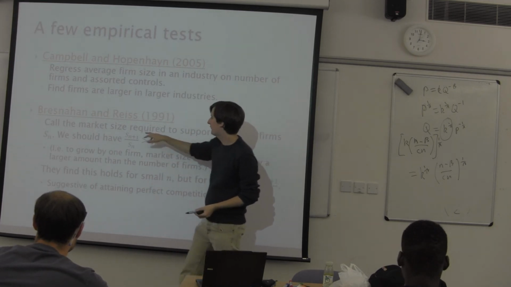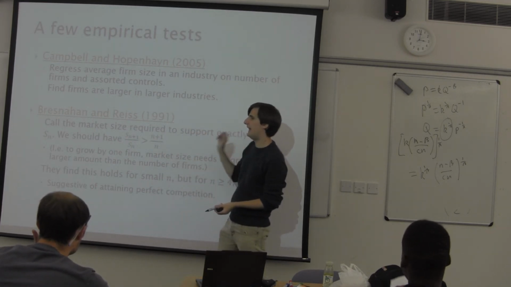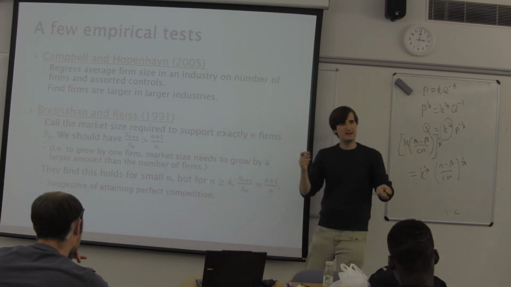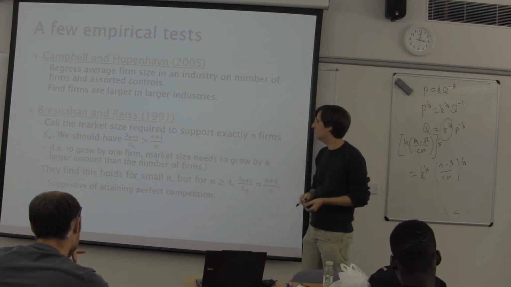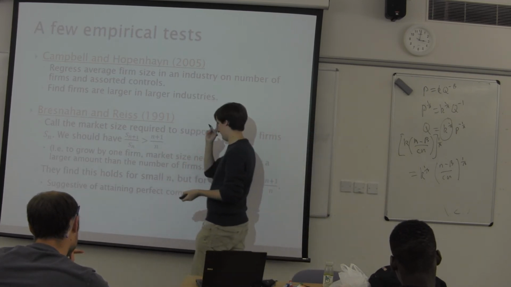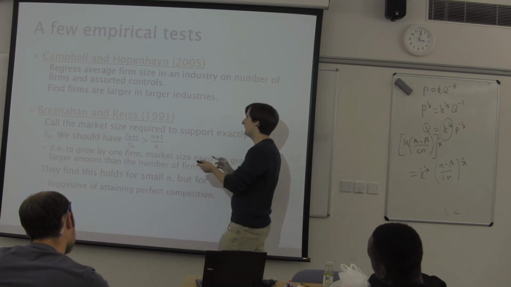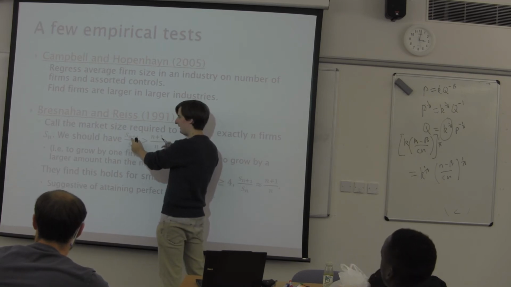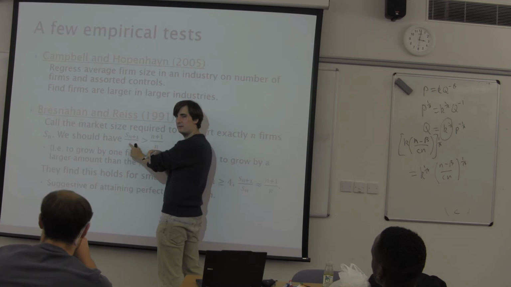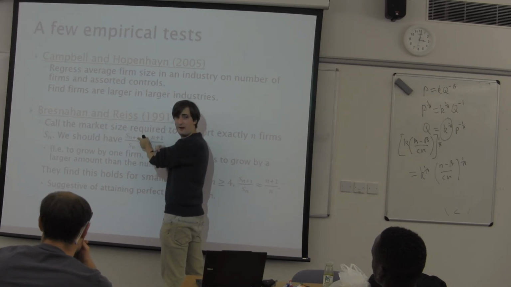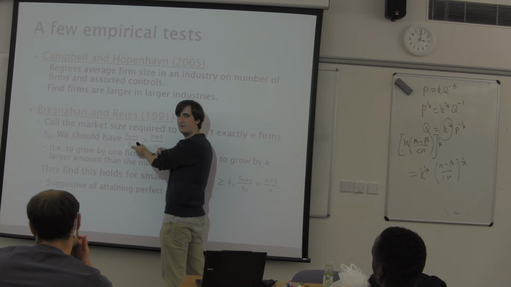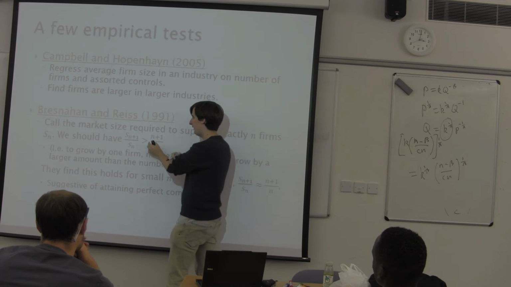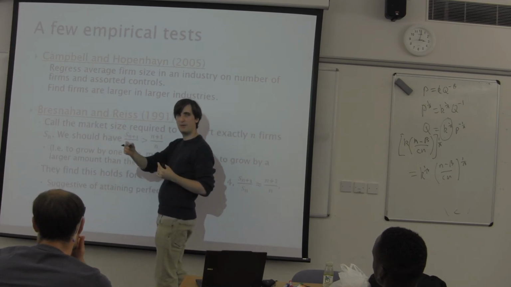What they do is they call the market size that's required to support exactly n firms, S_n. So if market size and the number of firms were growing proportionally, then S_{n+1} over S_n, the size of the market required to support n plus 1 firms divided by the size of the market required to support n firms, would be roughly equal to the growth in the number of firms, n plus 1 over n.